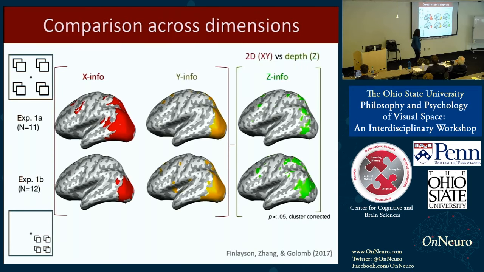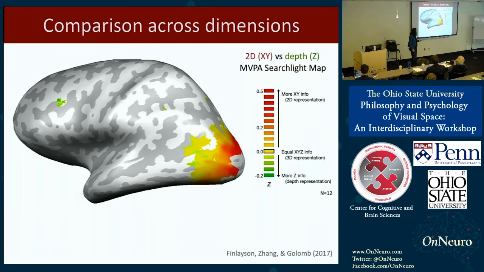So we took the average of the horizontal and vertical to get a measure of 2D information, and then we took the depth, and we basically, slightly more complicated than this, but essentially subtracted the 2 maps. And this allows us to get this combination searchlight map where the red colors are regions that have predominantly 2-dimensional representations. They really can only decode the horizontal and vertical.